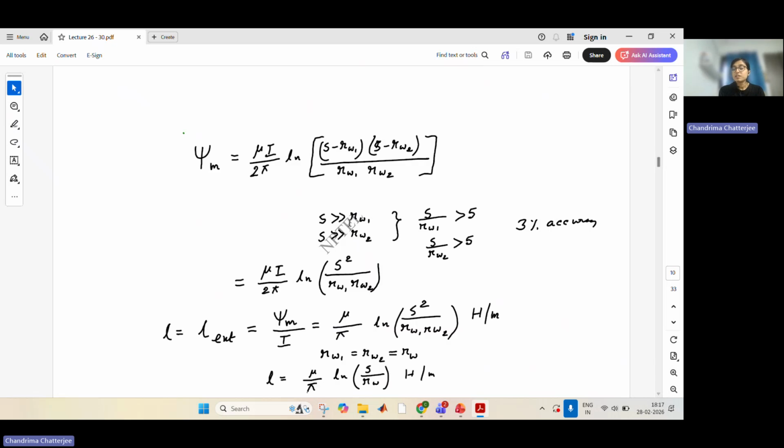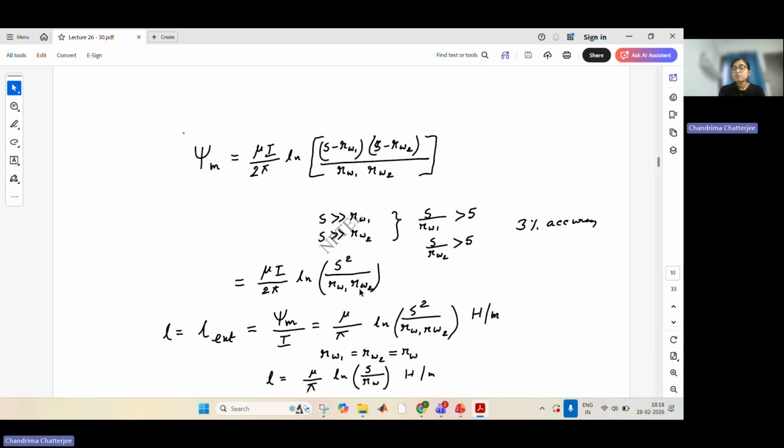We will take some assumptions. What are the assumptions? That S is much greater than Rw1 and also much greater than Rw2. Obviously, the separation between the two conductors will be much higher than their radius, so this assumption is justified. So S minus Rw1 is basically S, and S minus Rw2 is also S, because this is negligible compared to S. Now what do we get?